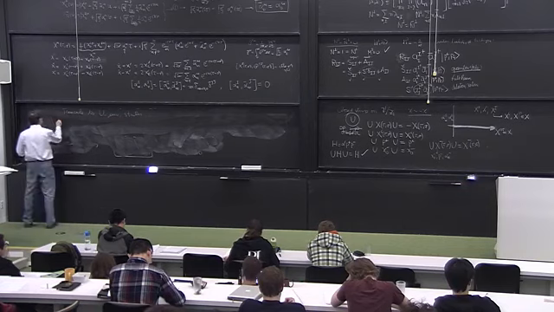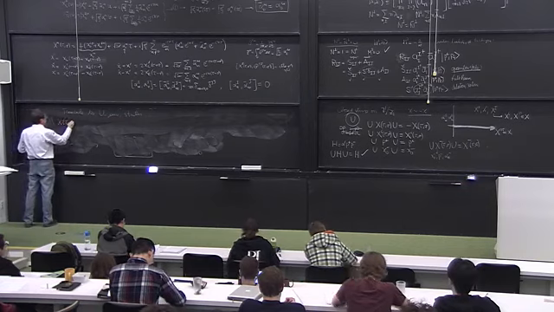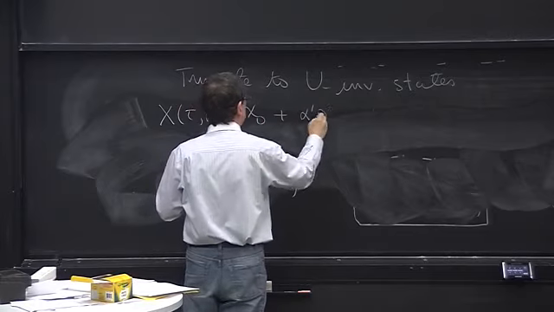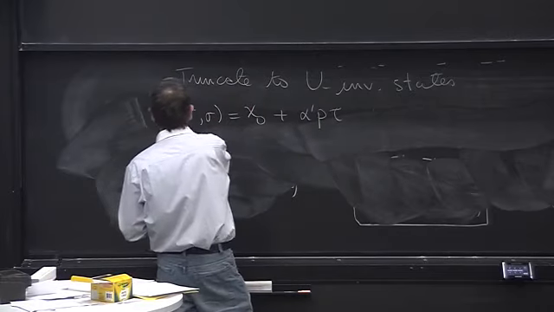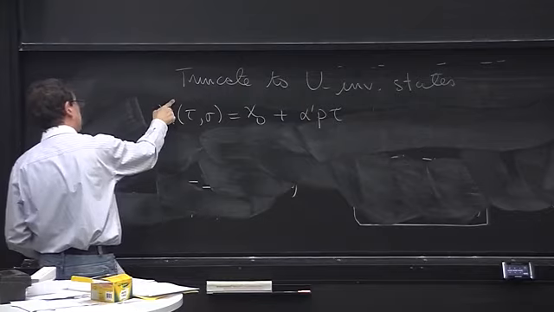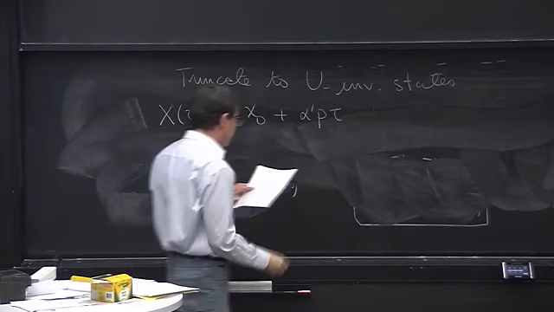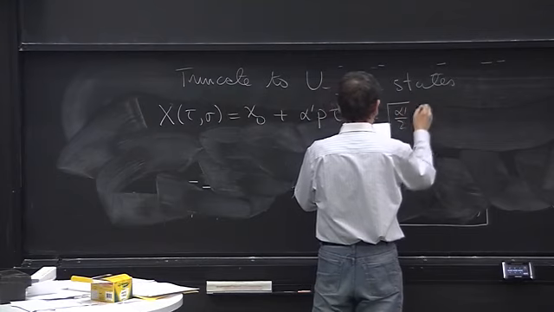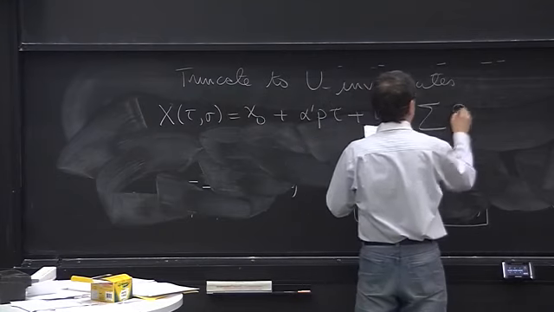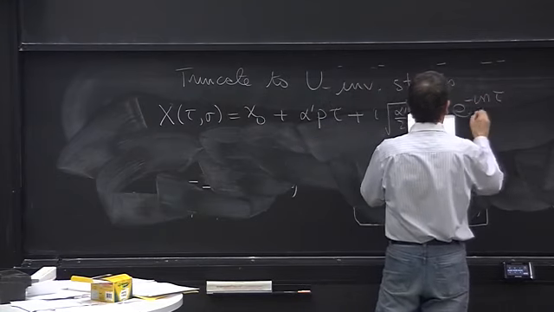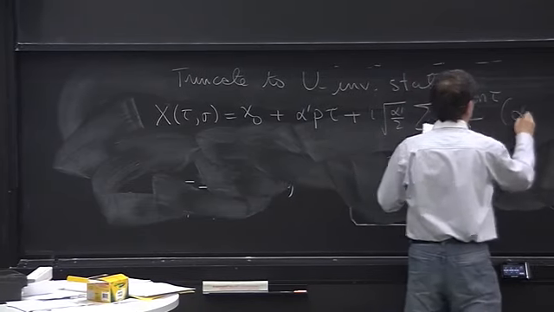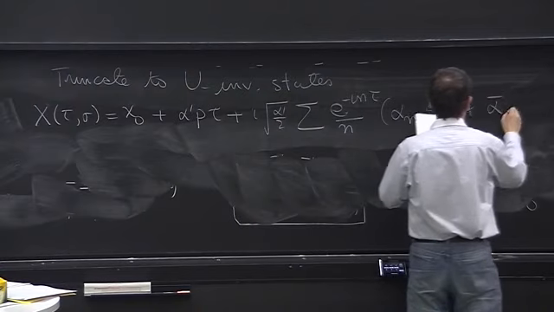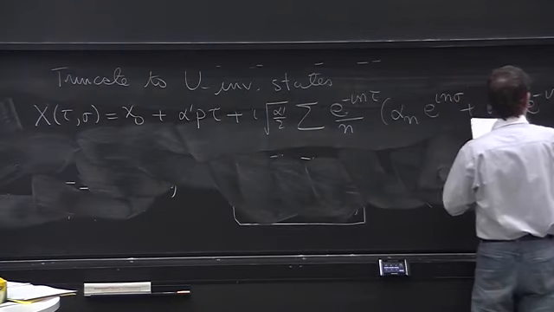And one last thing, we had our closed string expansion, x0 plus alpha prime p tau. This is all x25. When I don't put an index now, it is x25. Plus the oscillators: alpha prime over 2, sum e to the minus i n tau over n, alpha n e to the i n sigma plus alpha bar n e to the minus i n sigma.